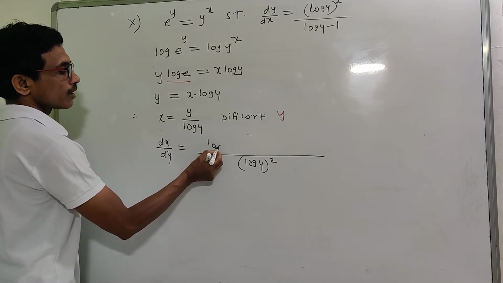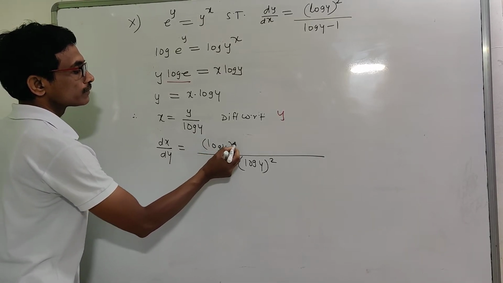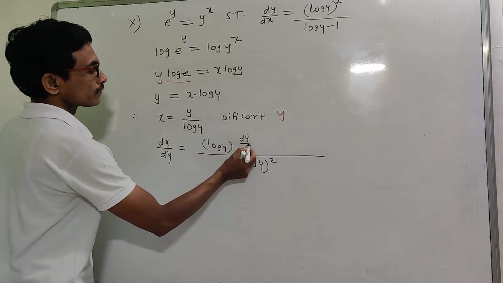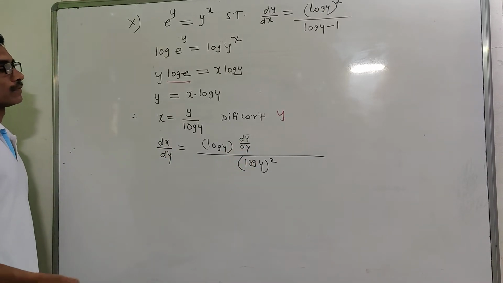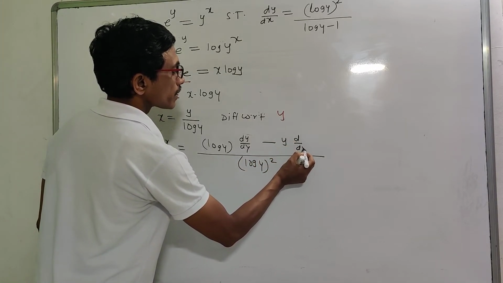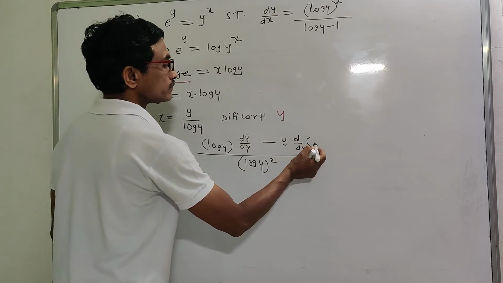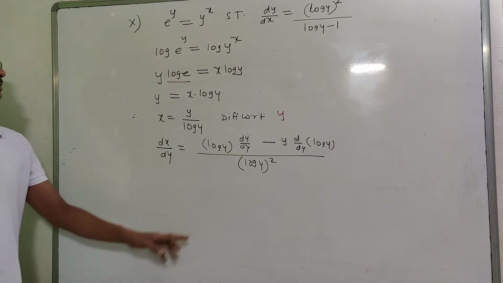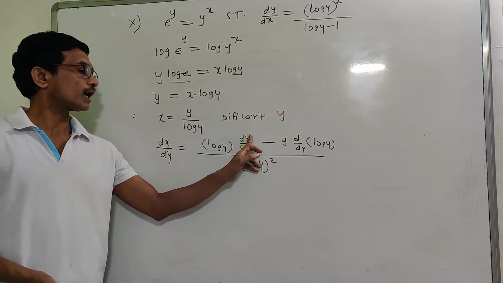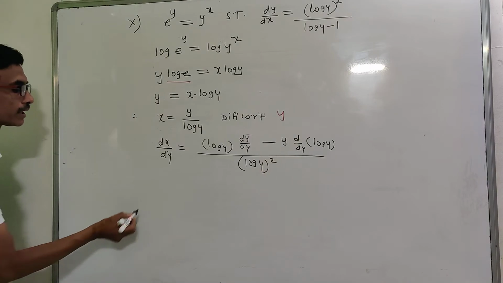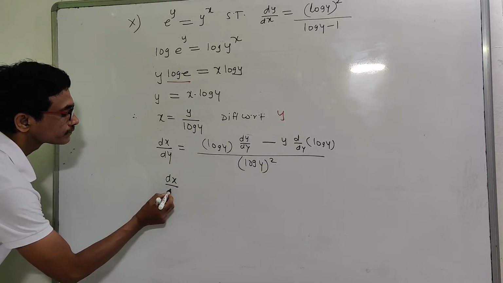V, that is log y, into derivative of y with respect to y, minus y into derivative with respect to y of log y. The derivative of y with respect to y is 1, and the derivative of log y is 1 upon y.